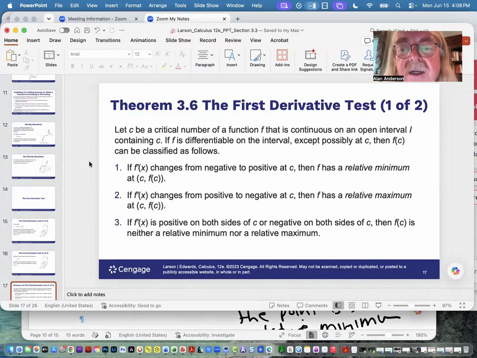Now, sometimes you can have a case where it is positive on both sides or negative on both sides. It can happen. And if it does, then of course, this point C, f of C is neither a minimum nor a maximum. All right.